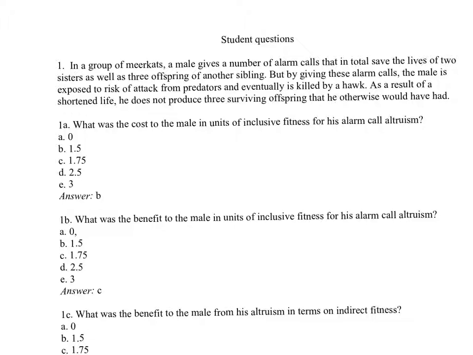Now, okay, so we have 1.75 B minus 1.5 greater than 0. I want to solve for B, so it's just 1.5 divided by 1.75, right? B equals 0.86.